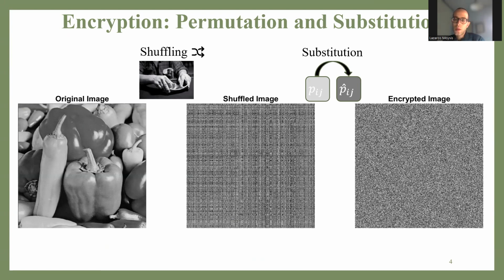And the second process, which is actually the much more secure and important one, is substitution. In substitution, we take a specific pixel and change its value. And of course, we do that with all the pixels in the image. So these are the most standard processes in image encryption, okay?